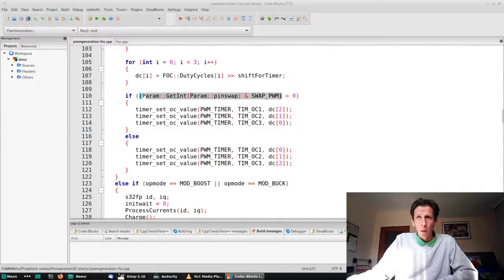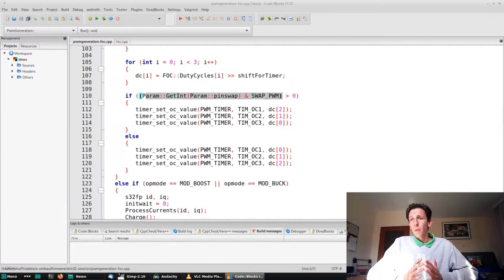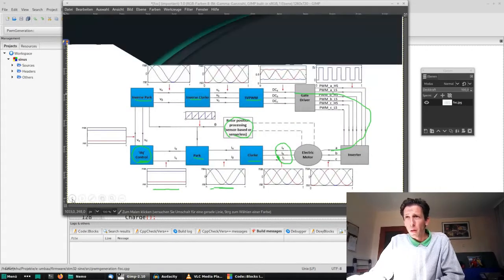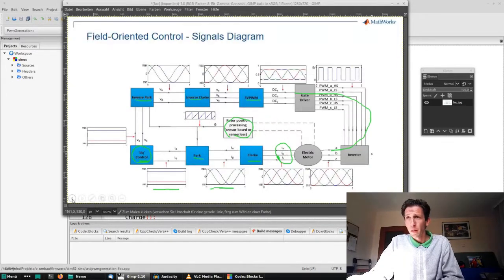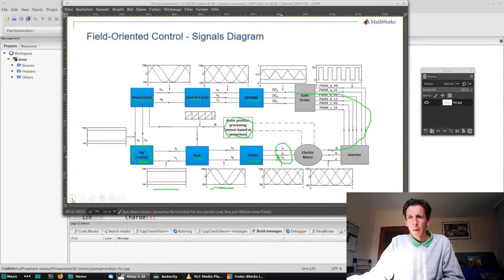And here you see another implementation detail. Because for FOC everything needs to be lined up. So the PWM channel 1, let's go into the graphics. PWM channel A has to generate current A, and PWM channel B has to generate current B. And if these are not lined up, FOC will not work, it will get confused and usually trip out with overcurrent.